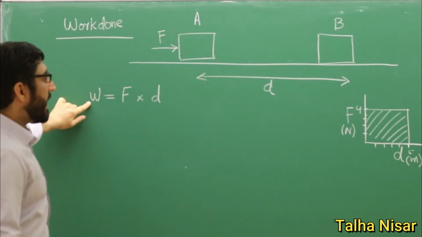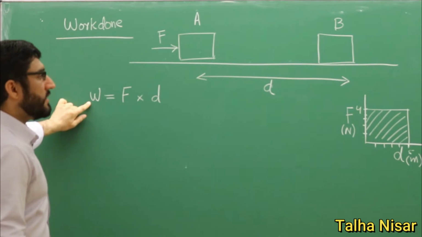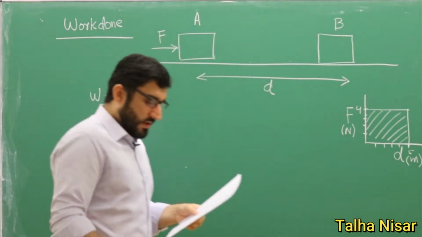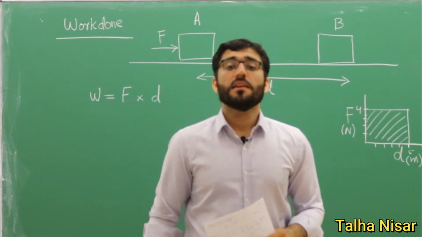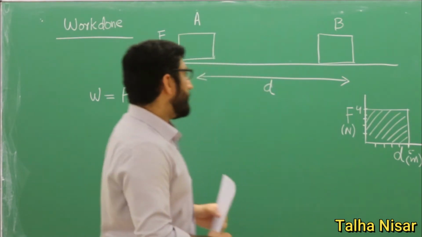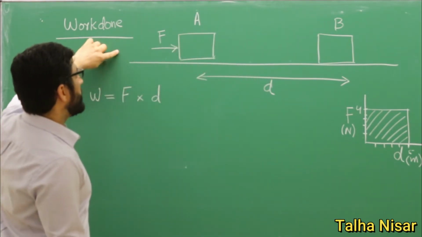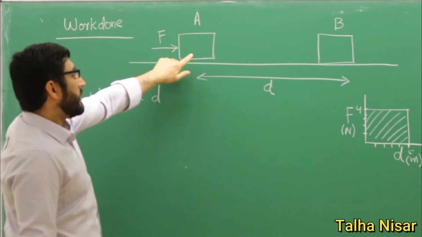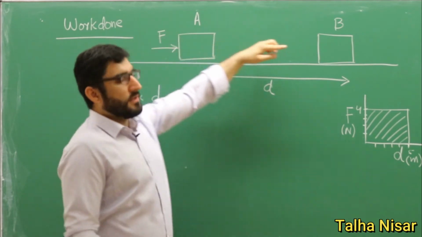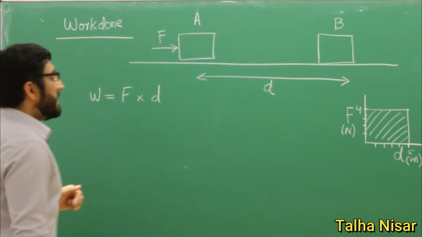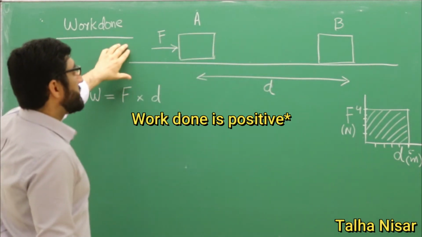Since this is a scalar, it can be positive, it can be 0, and it can be negative. For example, if the force is applied on an object and the displacement and the force are in the same direction, the work done is positive.